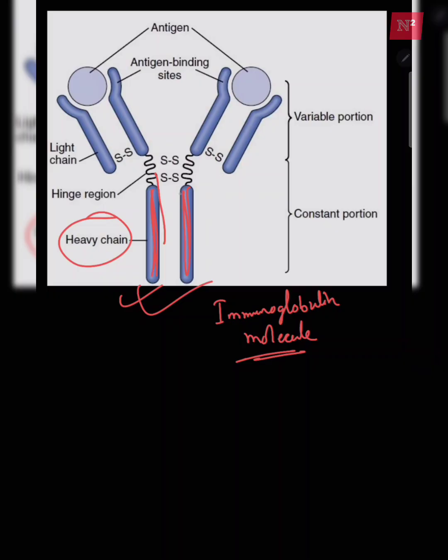It's a Y-shaped molecule having a protein called the heavy chain, and a protein which forms the arms of the Y called the light chain. Now these two heavy chains are connected by disulfide bonds, as well as the heavy chains and the light chains are connected by other disulfide bonds.